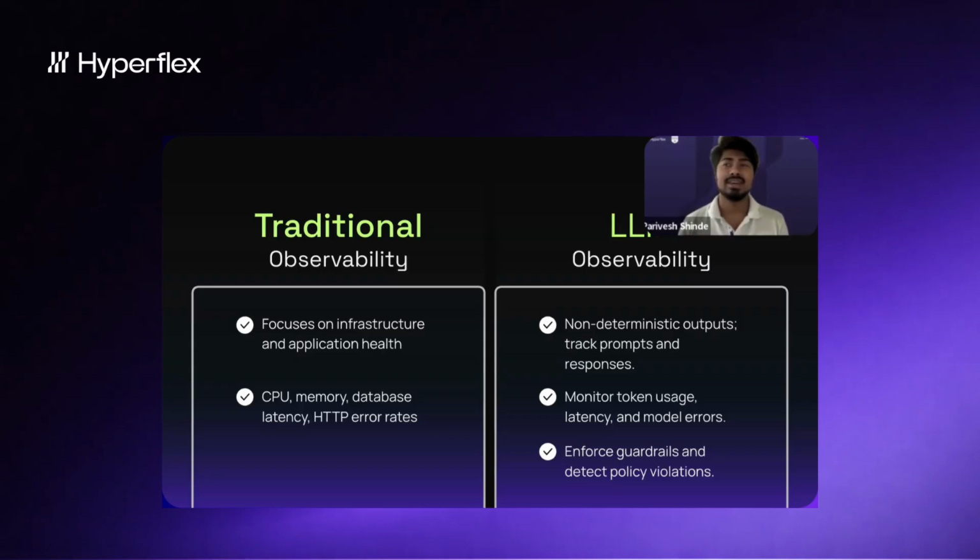LLM is more about relevance. It is answering, but is it answering what I needed, or is it hallucinating? So we cannot just observe our status codes, responses, and latency; we need a very detailed look at what we are asking and what it is answering. That is very important, especially while you are developing your applications, so that you can know if this model is working for you or not, if this prompt is working for you or not.